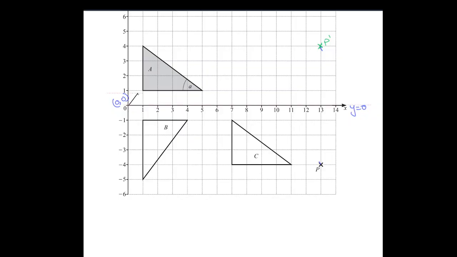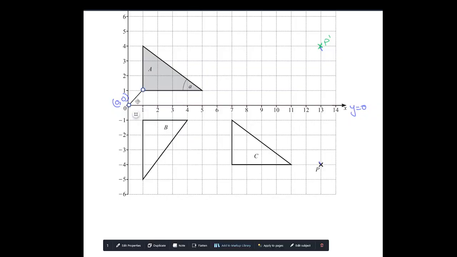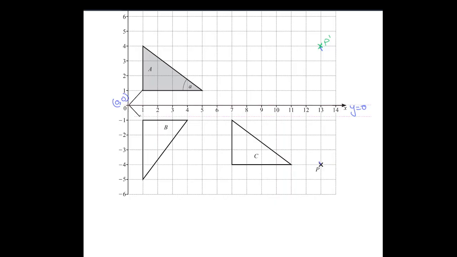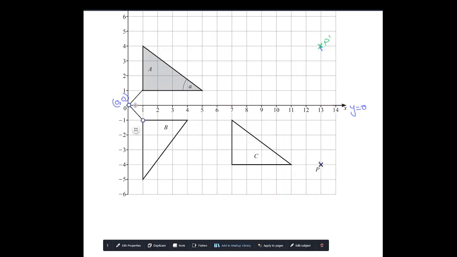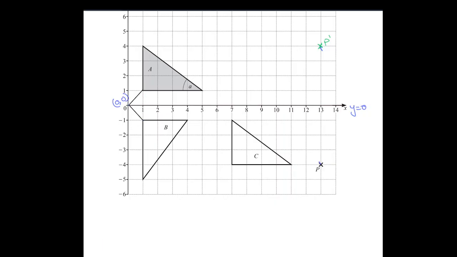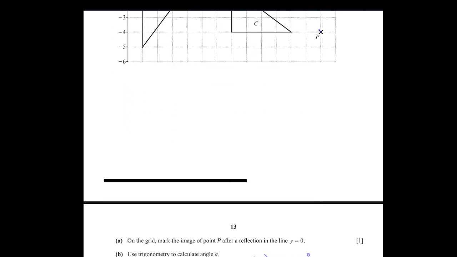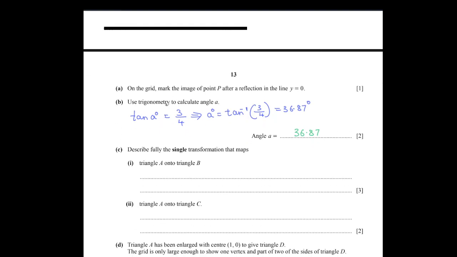From here I'll draw this vertex, and from here I'll draw this vertex. When you see here, the angle formed is a 90-degree angle, and that is clockwise. So this is a 90 degrees clockwise rotation, triangle A onto triangle B, and the center of rotation is 0, 0.